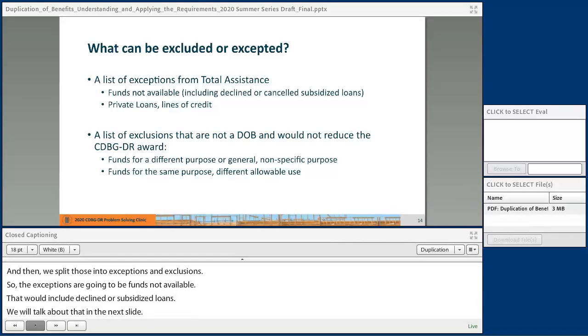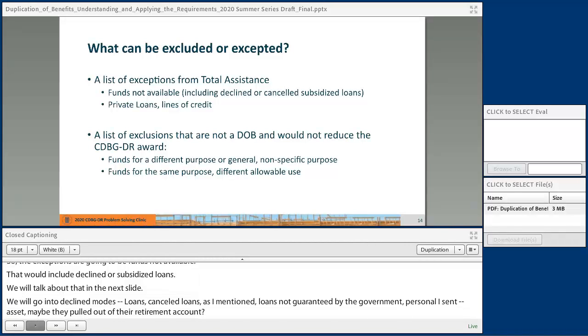And then, as I mentioned, the private loans, so loans not guaranteed by the government, and any sort of lines of credit or personal assets that the applicant has. Maybe they pulled money out of their retirement account to pay some costs. That's a personal asset. That is an exception from this DOB analysis.